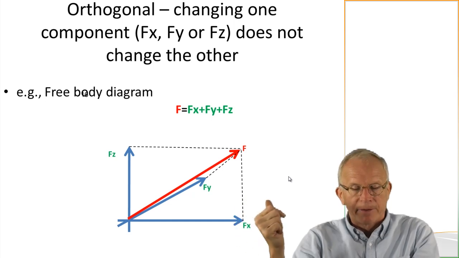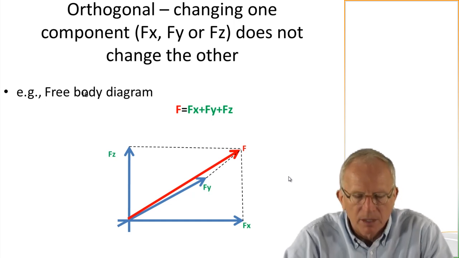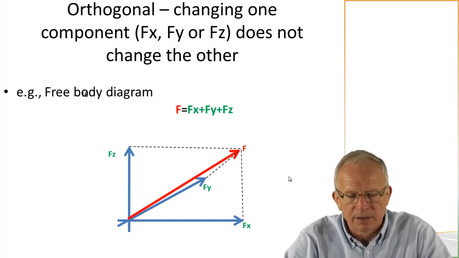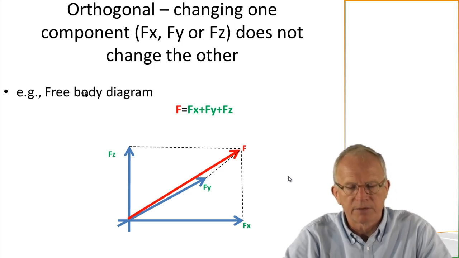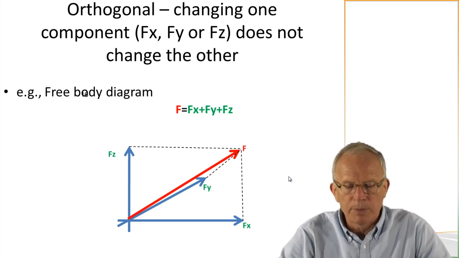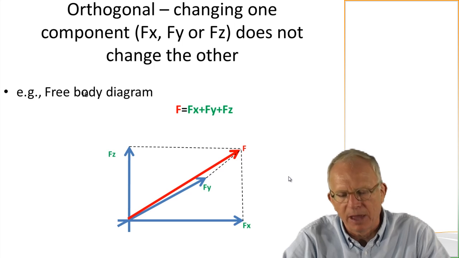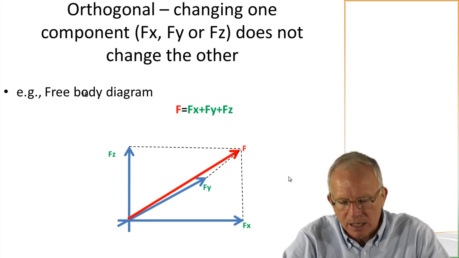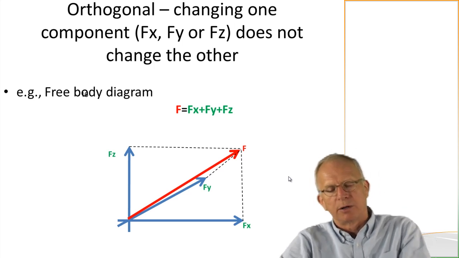We have these 3 independent vectors that then signify the resultant vector F. Because the axes are orthogonal, there is no projection of Fx, for example, in the zy plane besides a little point at the origin.